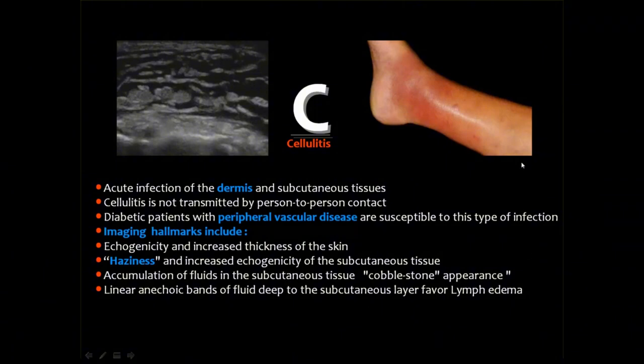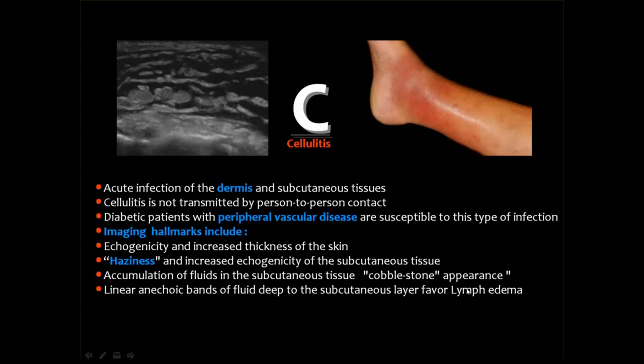Actually, the diagnosis of cellulitis is easy from the clinical point of view, but sometimes you may need to look for the possible complications. One of the best imaging modalities here is ultrasound. It is, of course, rapid, and at the same time, it is a dynamic examination.